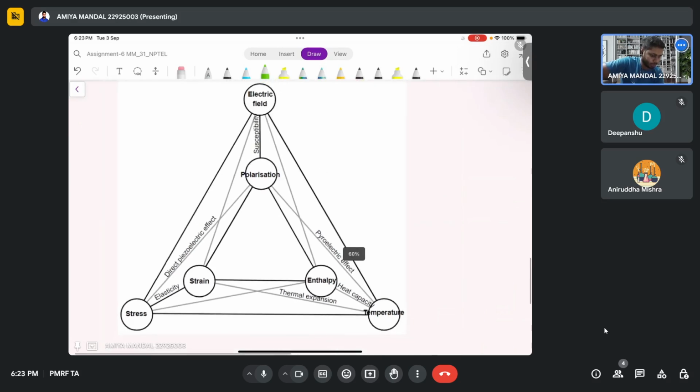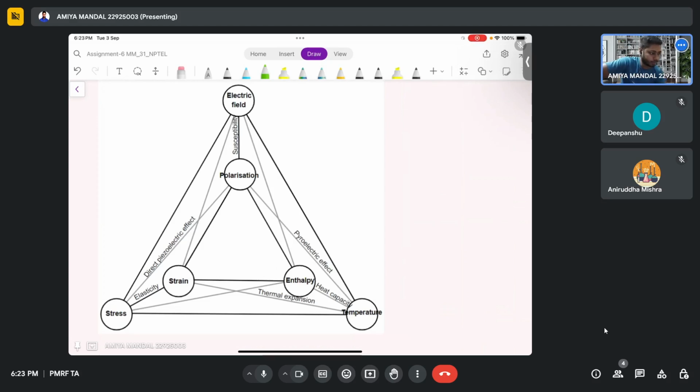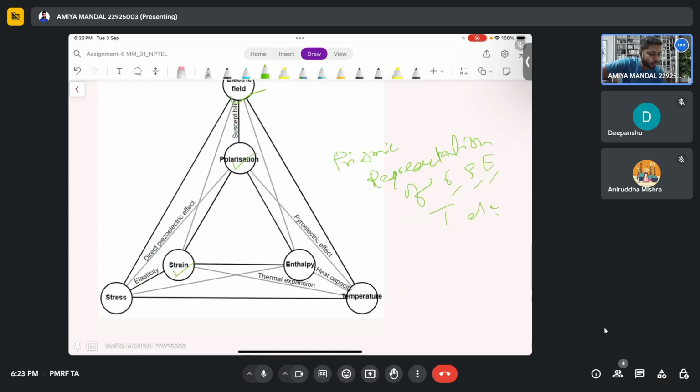And this is a triangular and prismatic representation, the representation of strain, polarization, electric field, temperature, etc. So stress is related with strain with elasticity.